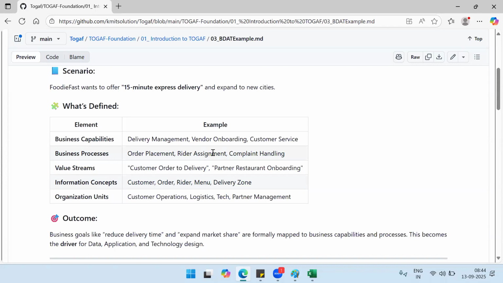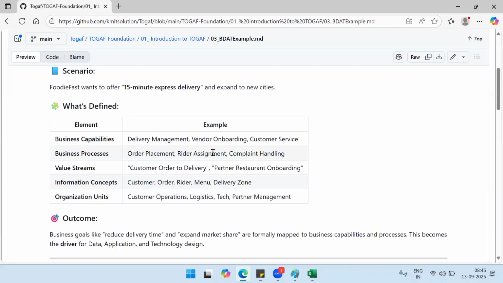Yeah. Let's first understand what a value stream means. It means whatever we are offering to the customer. That is the value stream. How will the customer benefit? For example, the customer says I need 15-minute delivery. That 15-minute delivery is the value stream. Or the customer needs all the restaurants in my city to be connected to my application.